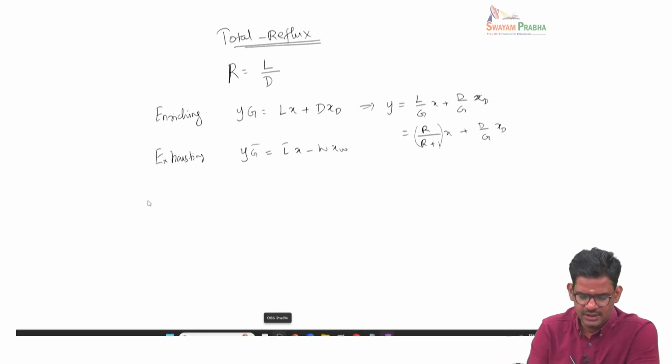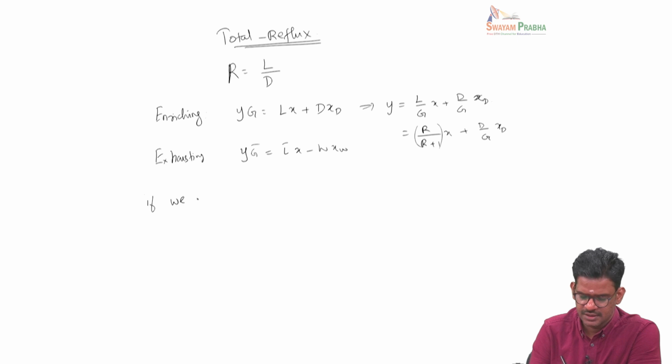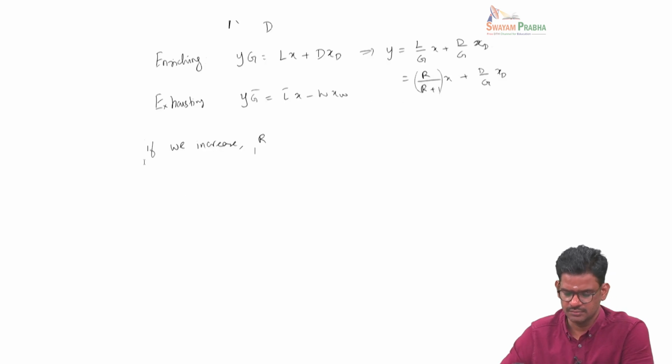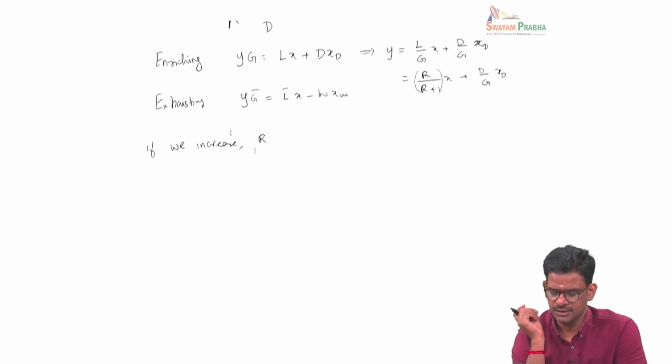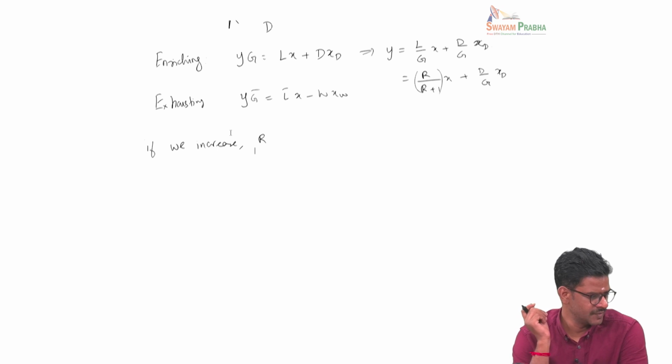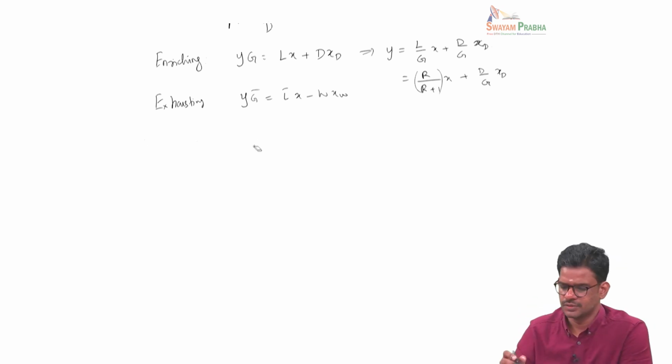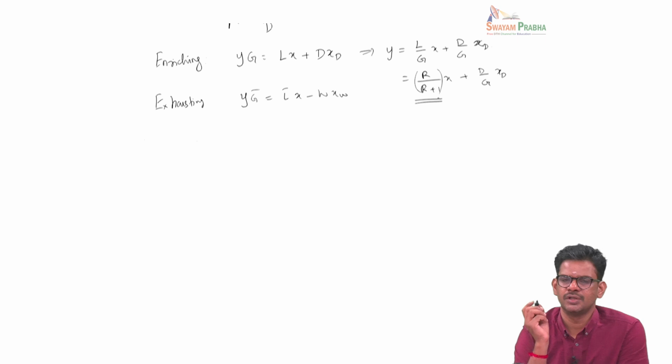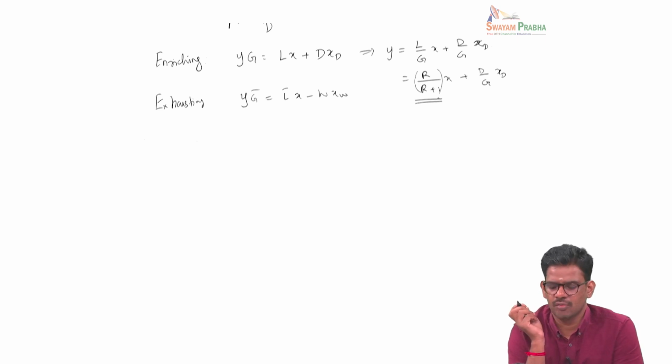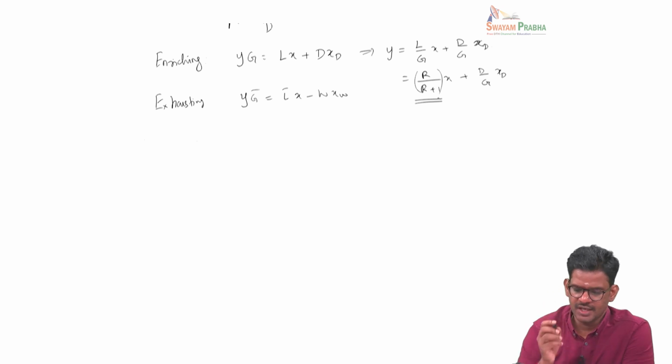Now if we increase R, we see that the slope of this enriching operating line is equal to R by R plus 1, and R is defined as L by D.